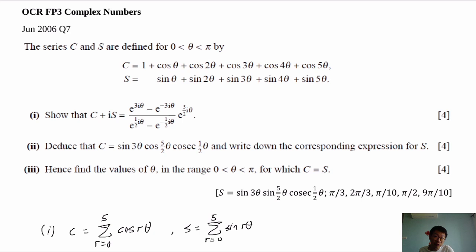And we do a similar thing for the denominator. For the denominator, we factorize out e power half i theta. With these two terms factorized out, we have the power e power 5 over 2 i theta. So this is basically what we need to prove from the question.